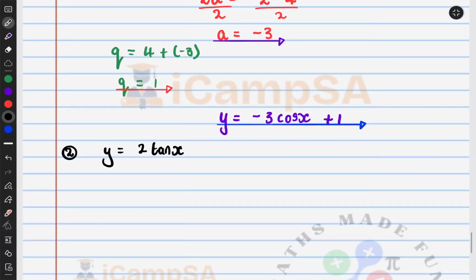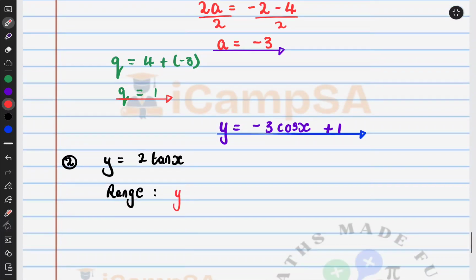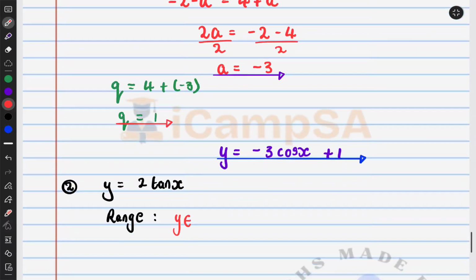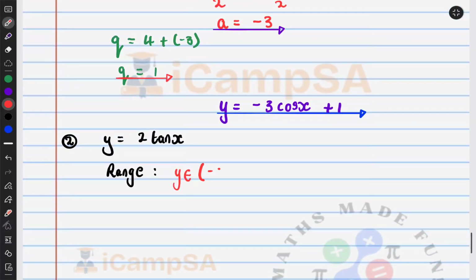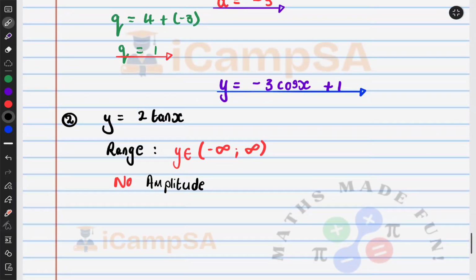The range is what? y is an element from negative infinity, it's a tangent function, to positive infinity, and then no amplitude, and then the period is going to be what?